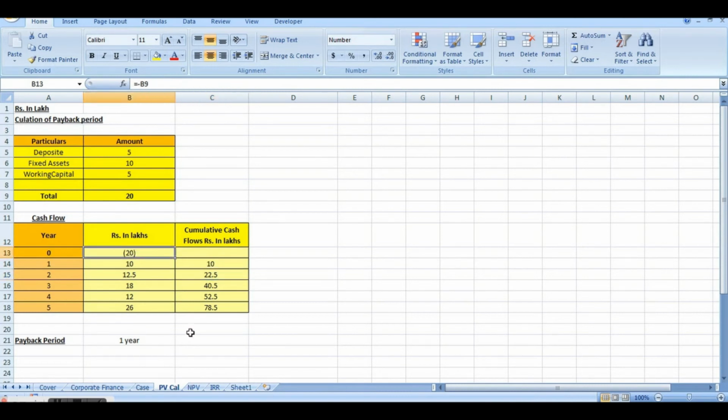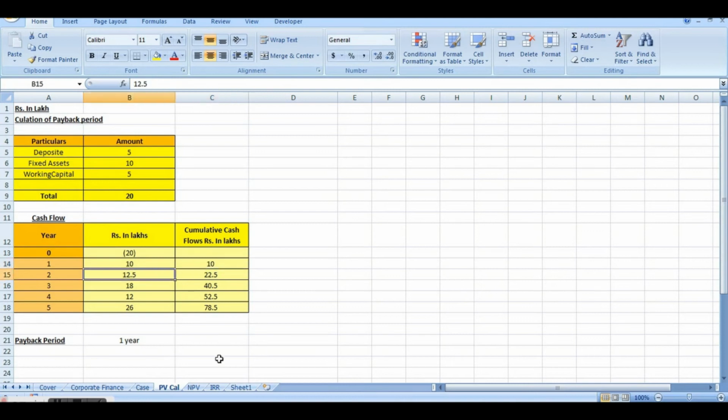Now how much? In this second year you have earned 12.5, whereas to make it 20 lakhs you needed only 10 lakhs. Here you have to make an assumption that the inflows received in any year are uniformly earned by the organization. Based on that assumption we will try to find out the fraction of the year in which the remaining 10 lakhs were earned.